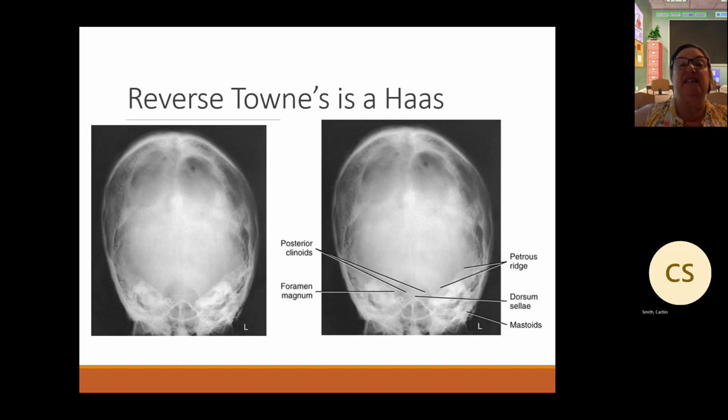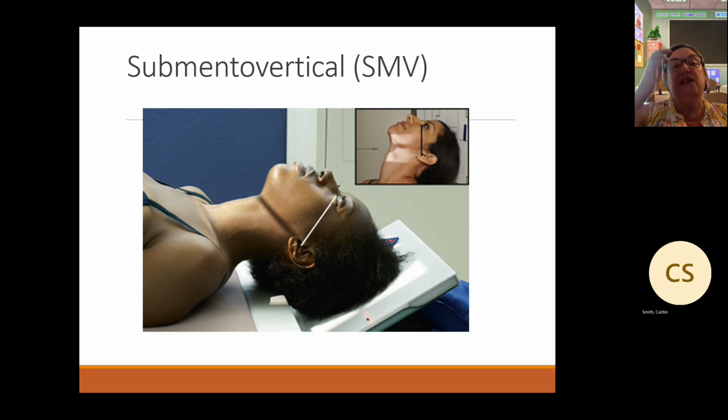And basically, it looks like a Townes projection. Same thing in the foramen magnum, you get the dorsum sella at the bottom. And then what you can do is, here's your parietal, here's your occipital, and your petrous portions, and you can just measure the distance between where the parietal and the occipital meet on both sides to check for rotation.